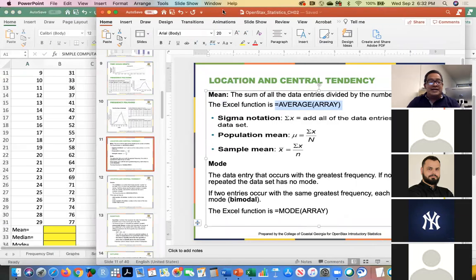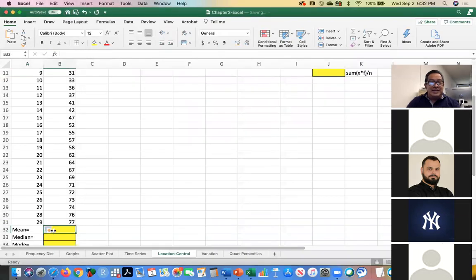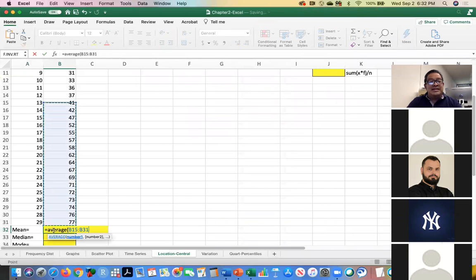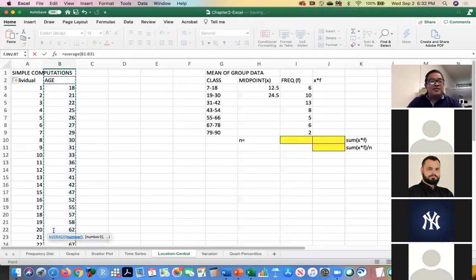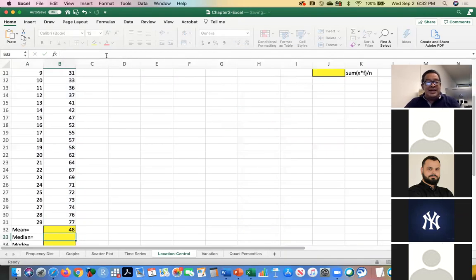So I'm gonna say for the mean, equal average, open parentheses, and then highlight my information. I don't care for the other line because I am just naming the individuals. I can say Juan, Pedro, Janet, but in this case, I'm just giving them numbers, right? So I'm gonna make sure that the parenthesis is closed, and I am gonna type enter.